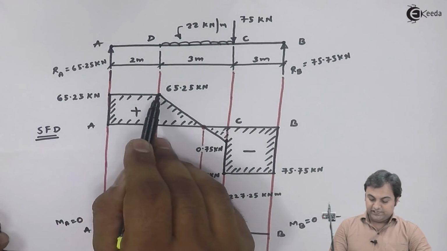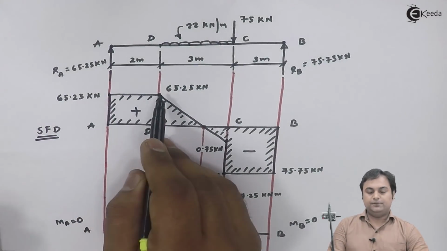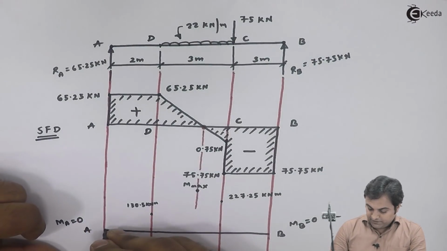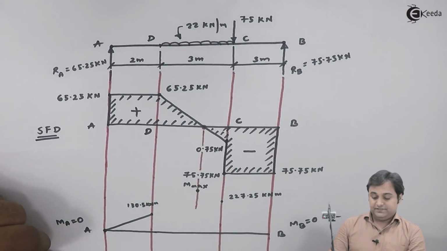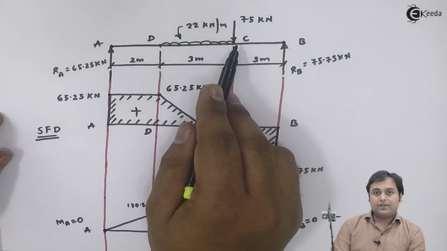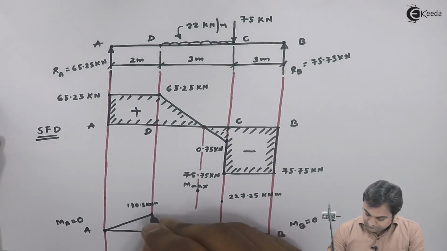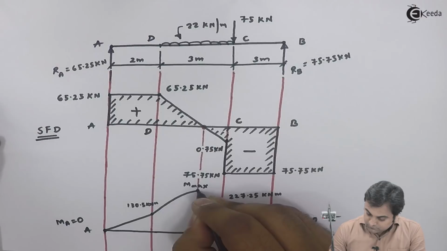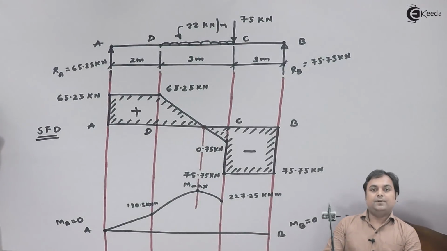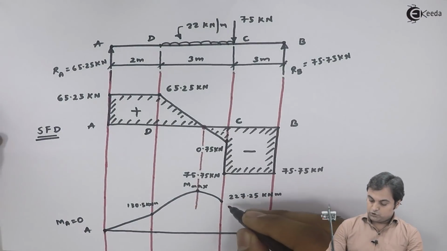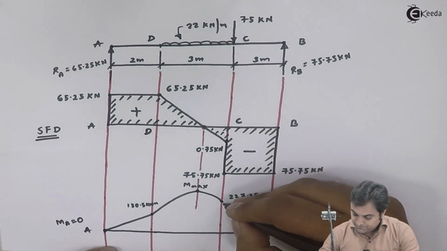As we see, between A to D, shear force is constant. So whenever shear force is constant, bending moment should be an inclined line. Next, between D to C, shear force is an inclined line, so bending moment should be a curve, that is a parabola. Between C to B, it is a straight line, so bending moment should be an inclined line.